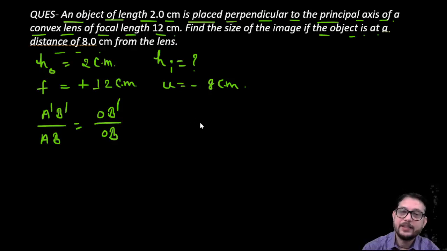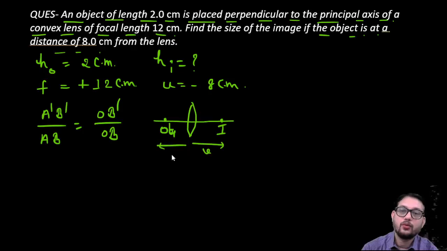And a rough diagram is here for you. This is your lens, this is the principal axis, this is your object, and this is your image. This is your v, this is your O, this is the height of the object, and this is your F. The ray passes this way, another passes this way, and you get your image.